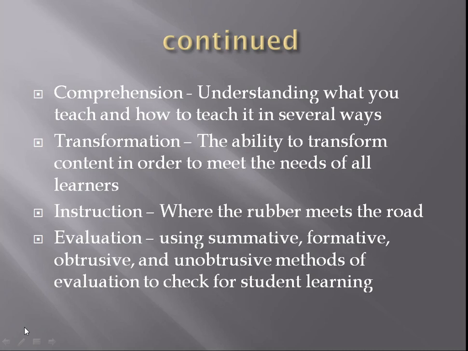So I wanted to be sure that I had the right information there, because there are ways that we evaluate, and we want to make sure that even though we may not give a test, we can look at a student, we can use observation, we can be unobtrusive, and we can gather a lot of information just from watching a student and noticing how motivated he appears, and if in fact he really cares about the teaching that's going on.